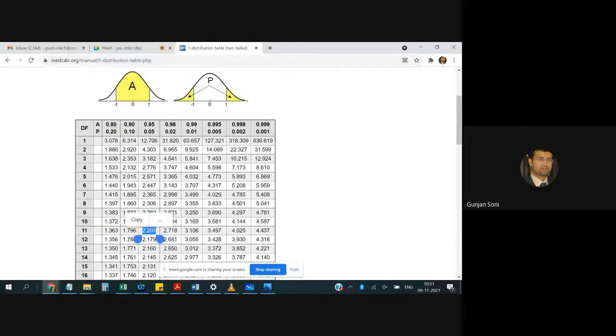Now this area is 0.95 given over here. You see this 0.95 which I have just highlighted, and 11 is the degrees of freedom given here. So I move across the row and down the column to get this 2.201 value. Is it clear? Yes, sir.